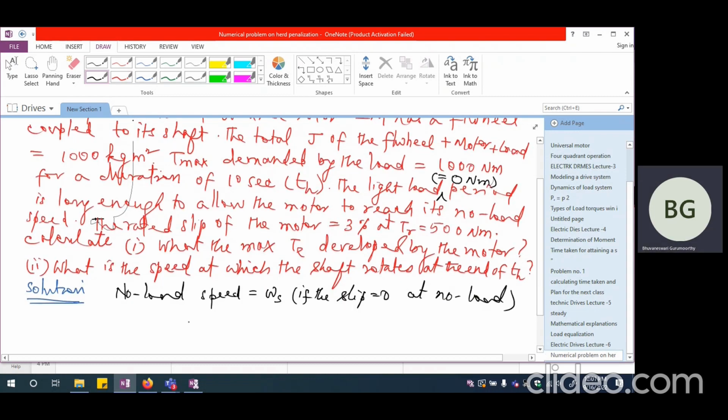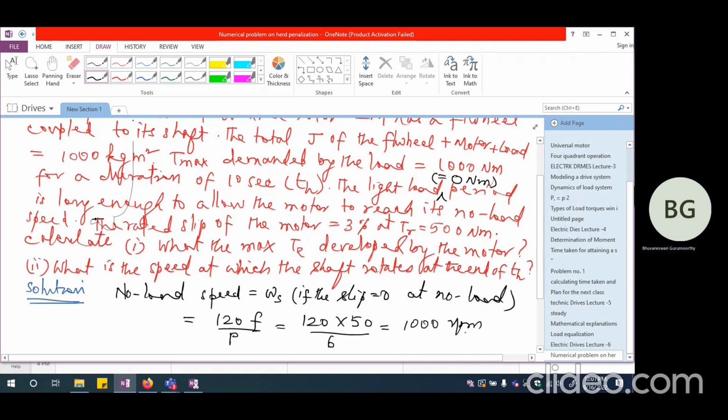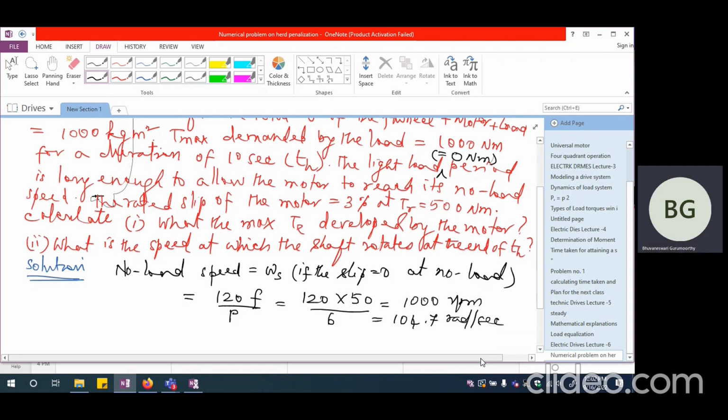This is a 6-pole 50 Hertz motor, so 120 F divided by P, which is 120 multiplied by 50 divided by 6. So this is going to be 1000 RPM, which I can write as 104.7 radians per second. Okay, so no load speed is this.